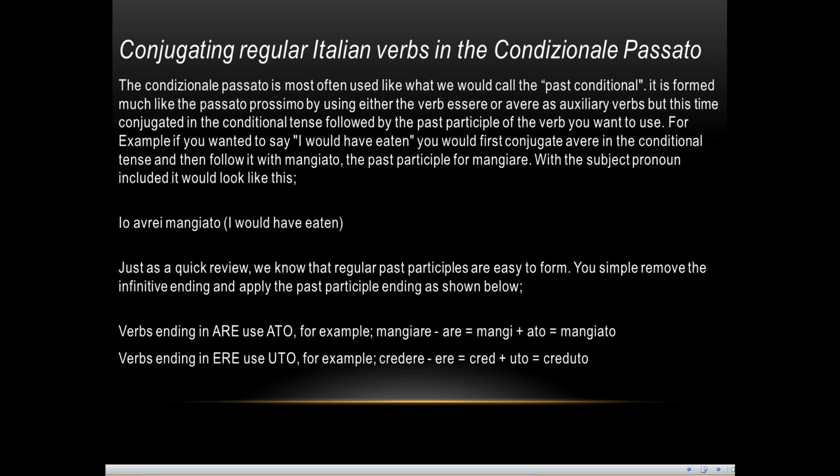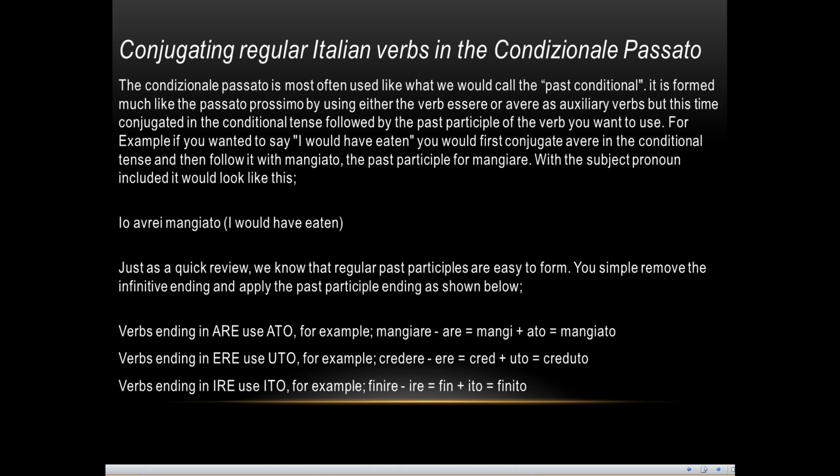For verbs ending in ere, we use uto. For example, credere minus ere leaves cred, plus uto gives us creduto. And finally, for verbs ending in ire, we use ito. For example, finire minus ire equals fin, plus ito equals finito.